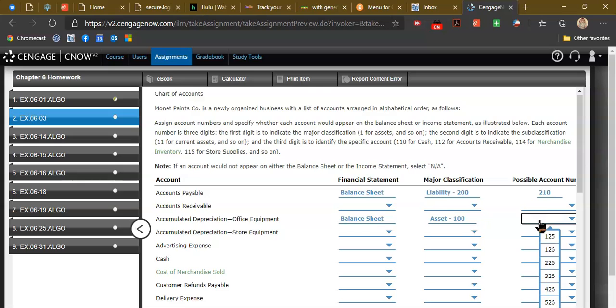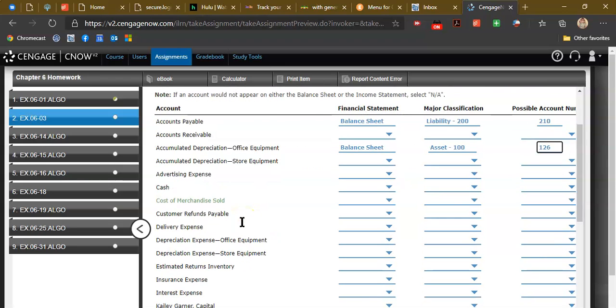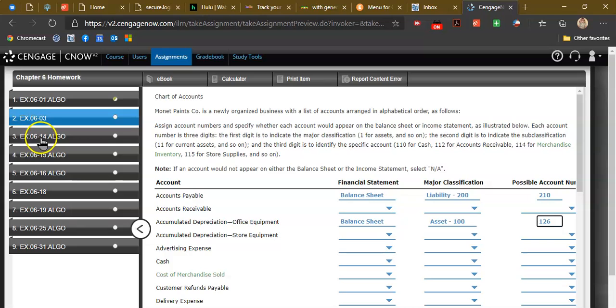Now, the possible account numbers, they give you 2 that start with 1 right here. You're going to choose the second one. What they've done is they're reserving the first one for the asset itself. So I'm going to assume that 125 is the office equipment and 126 is going to be its accumulated depreciation account. So you'll go through all of these right here doing that.